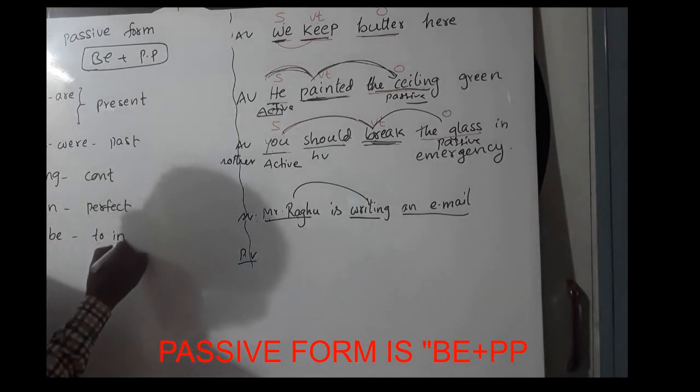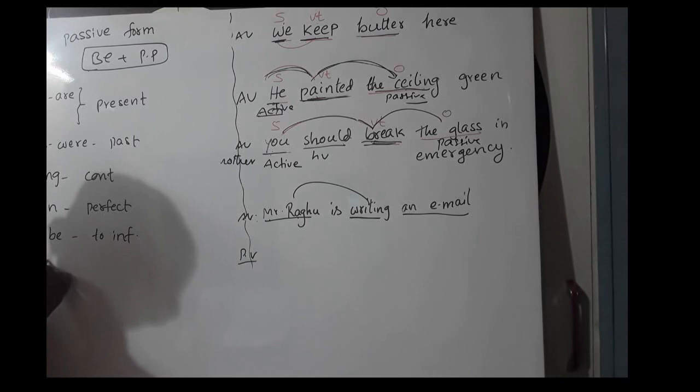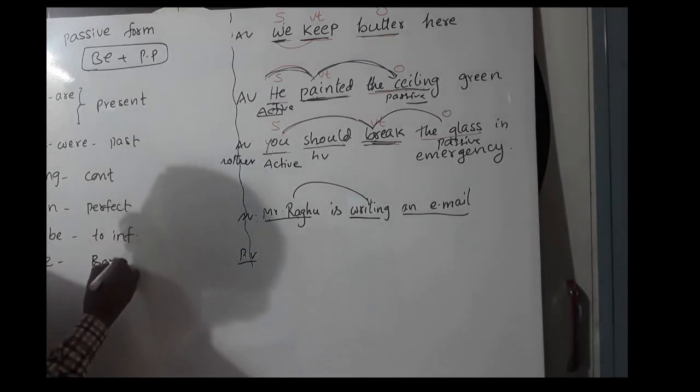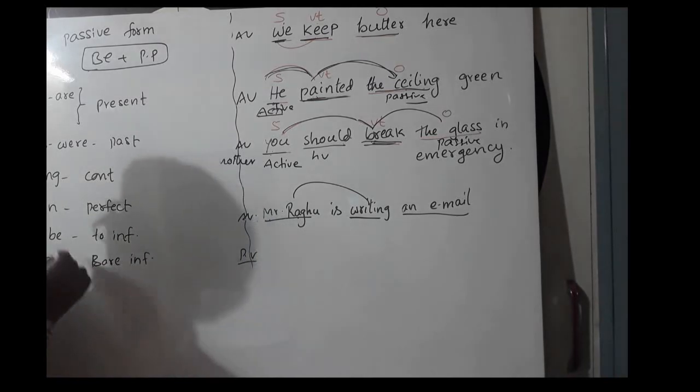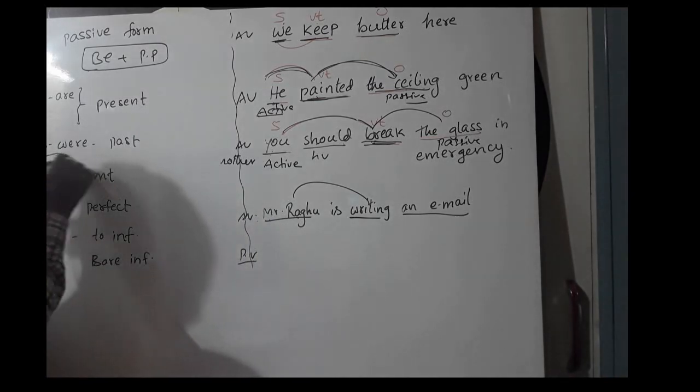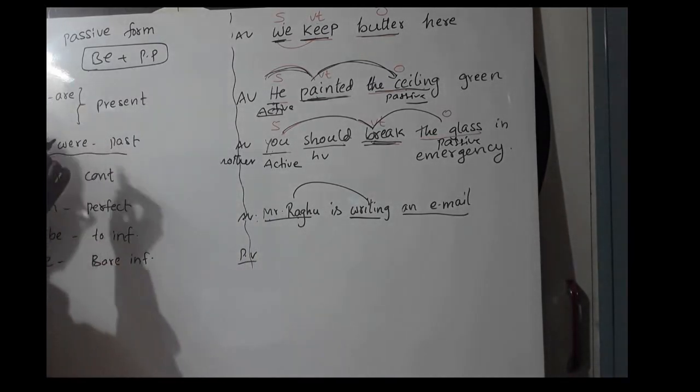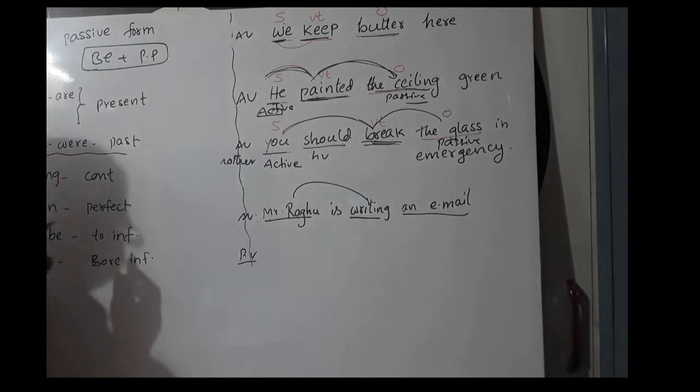This is to-infinitive. Its bare infinitive is be. Be is the bare infinitive. Right? So these are finite verbs, am, are, is, was, were, and these are non-finites.